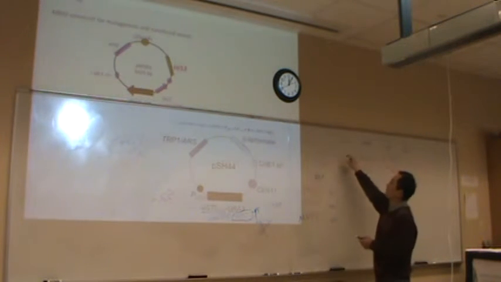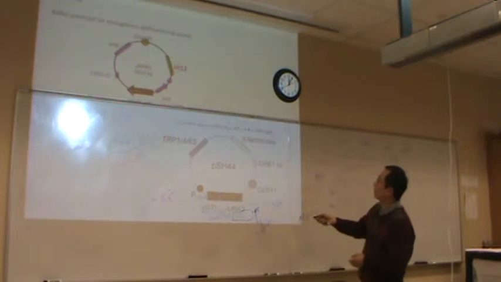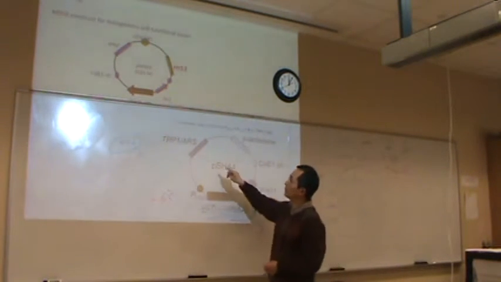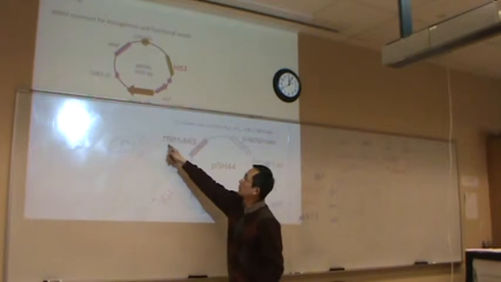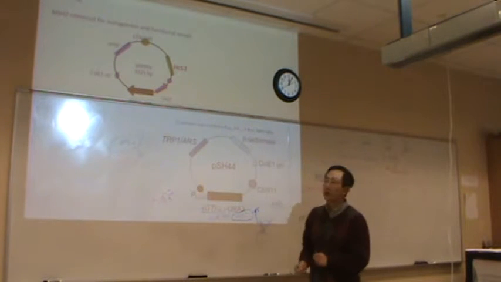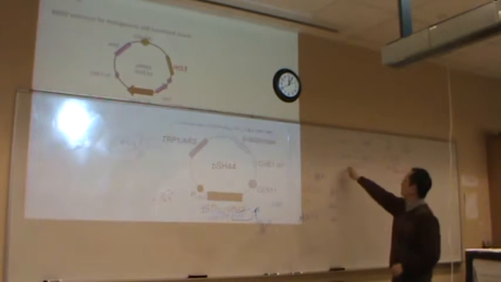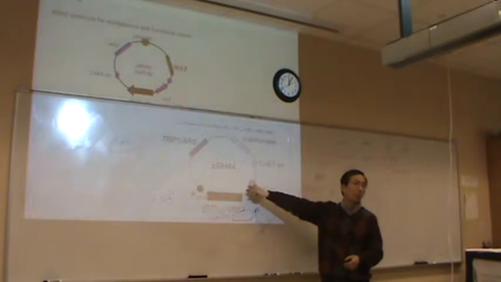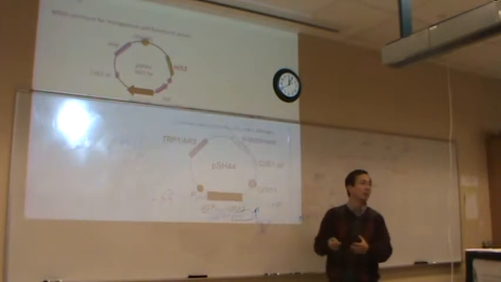It's minus tryptophan because on the reporter plasmid, the pSH44, it contains the TRP1, which is the gene used to synthesize tryptophan. So we leave the tryptophan out, and then the cell has to keep the reporter plasmid, otherwise the cell will not survive.